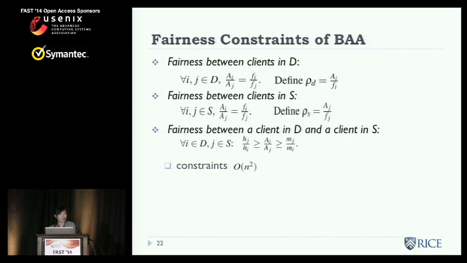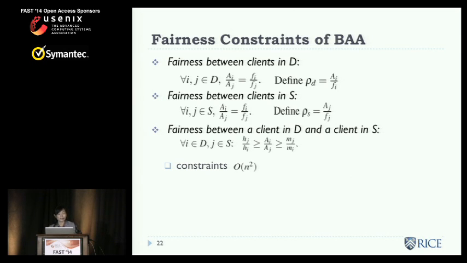We define ρD as the allocation divided by the fair share. It's easy to see that if ρD or ρS is larger than 1, the allocation is larger than its fair share. The first and second constraints define that all the clients in each bottleneck set get allocation in proportion to their fair shares. The third constraint provides the envy freedom constraint that no one gets higher allocation on all devices.